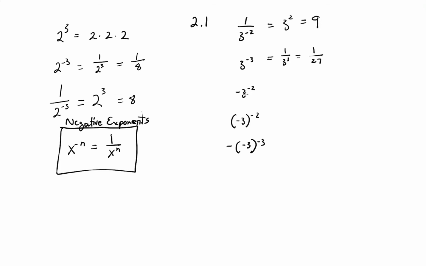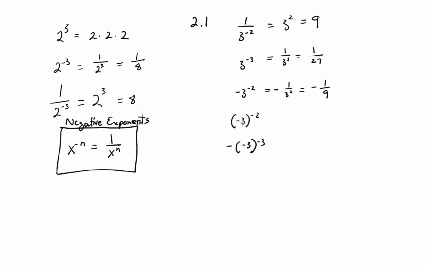All right, so now we just have to think about the process. The negative is not attached to the 3. It's asking for the opposite of a positive 3. So we have a negative 2, so we need to flip this and leave the negative on the outside. So that's going to be a negative 1 over 3 to the 2nd. So it's going to be a negative 1/9, right?